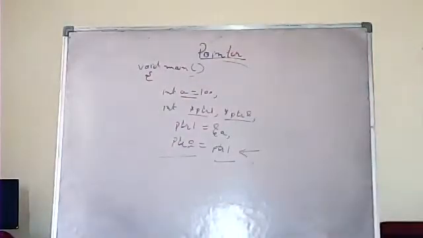So the definition of a pointer is that it holds the address of another variable, but of the same data type. That means we have to assign the same data type to a pointer as well as to the other variable.